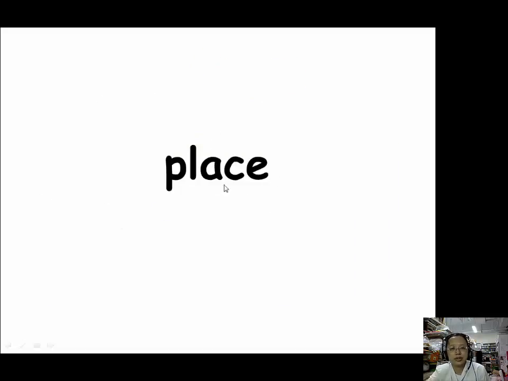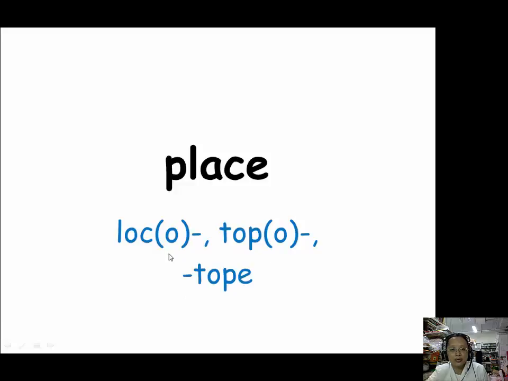Let's review what we just learned. To describe place, we use these three prefixes and the suffix. For prefix, we have loco, L-O-C-O, and topo, T-O-P-O, and for suffix, we have tope, T-O-P-E.